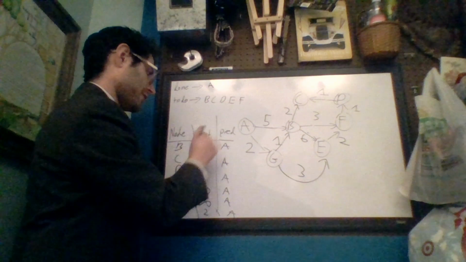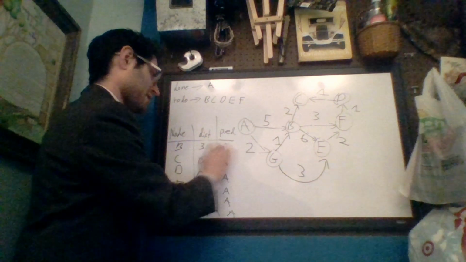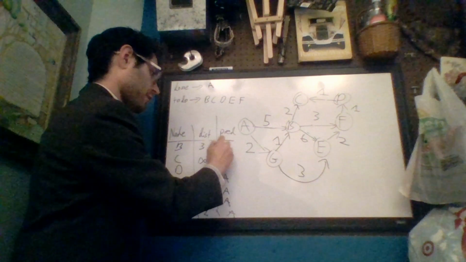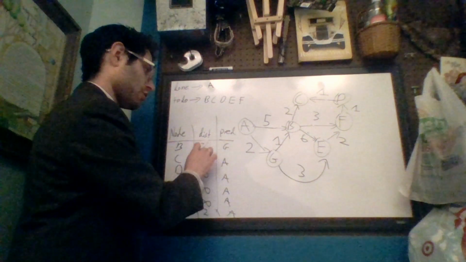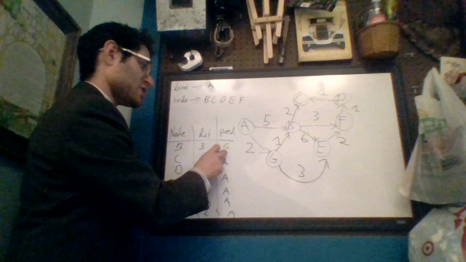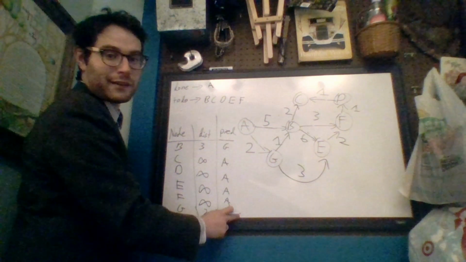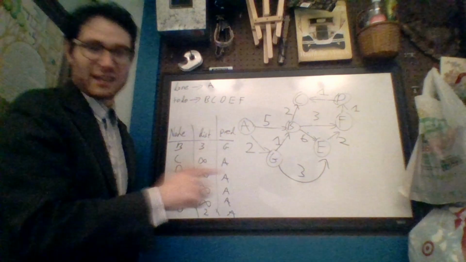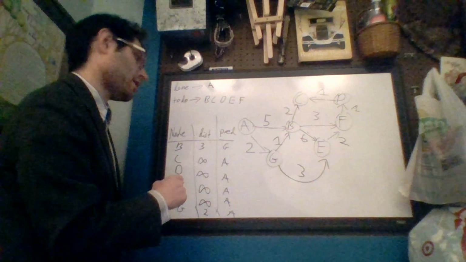So let's erase 5 and put down 3, and say that instead of going from A to B, we're going to go from G to B, with a total cost of 3. Well, how do I get to G? We look at G, and that tells us to get to G, we go through A. That's the point of the predecessor. You can trace back how to get somewhere.